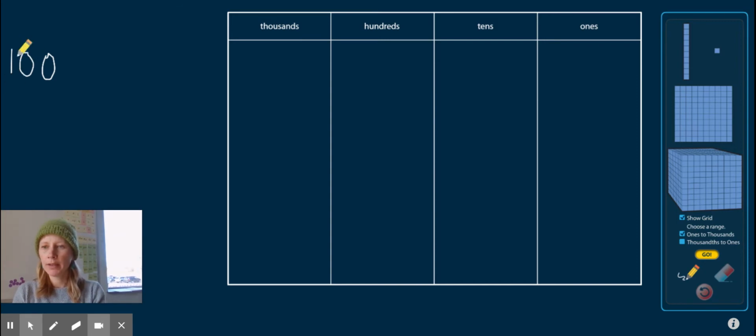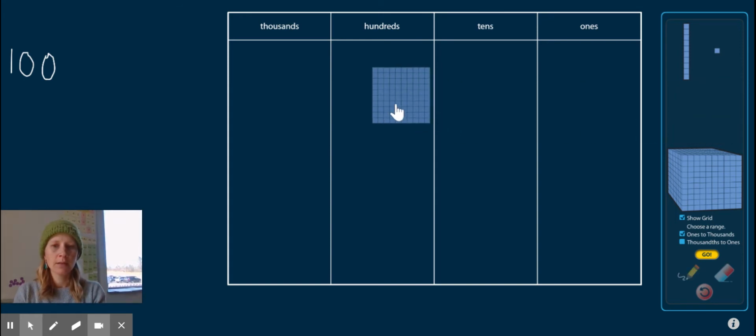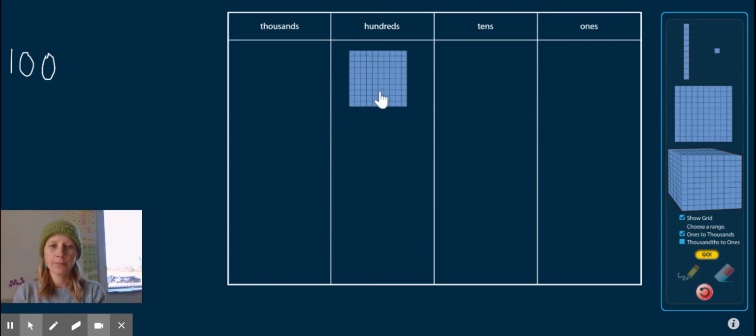We have a 1 in our hundreds place, which means we need one plane. So there is our one plane for our one group of 100. In our tens place, we have a 0, so we don't need any tens. And in our ones place, we also have a 0, so we need no ones. So right now, we just need one plane to show our group of 100.